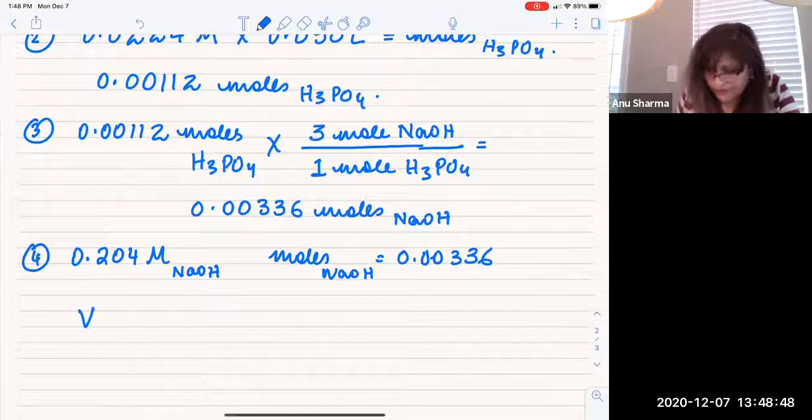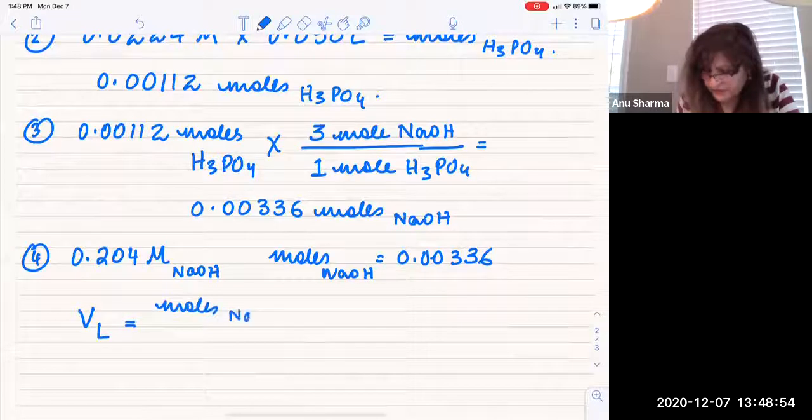Okay, so how do you find the volume? Volume in liters, remember this is going to be in liters, is equal to moles of NaOH over the molarity of NaOH.